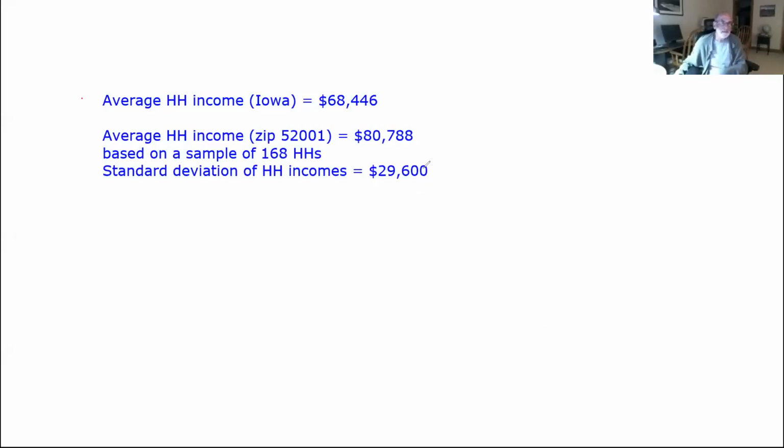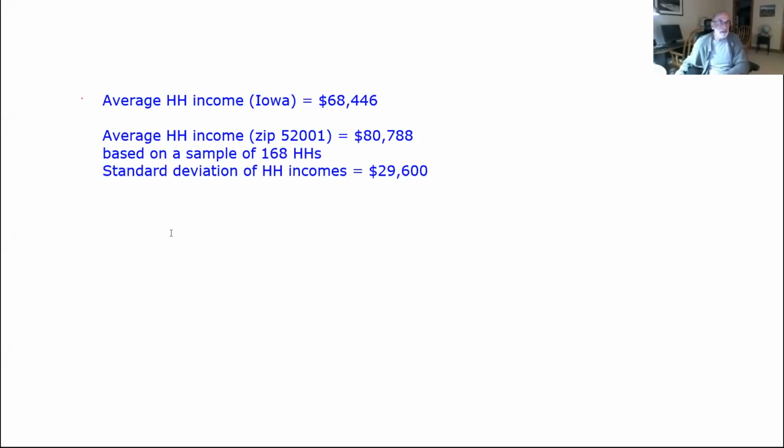Go back to my whiteboard. So here's our sample information. We had a mean of 80,788. We have a sample of 168 households. The standard deviation among those households is 29,600.